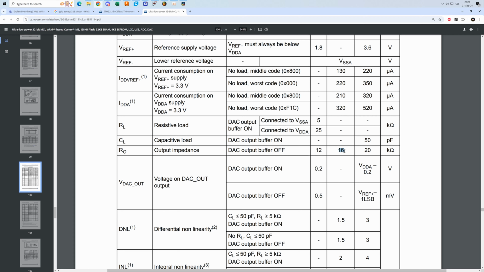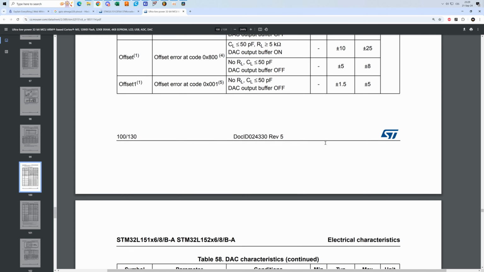You couldn't really power any circuit from 16 kilo ohm impedance. So you need to turn on the buffer in case you ever wanted to deliver sufficient current from the digital to analog converter. I haven't been able to find information about the output impedance with the buffer on, so it's not written in this datasheet, unfortunately.